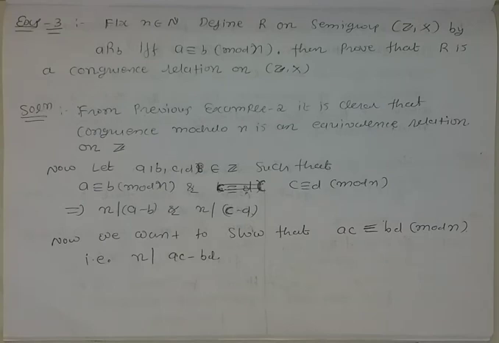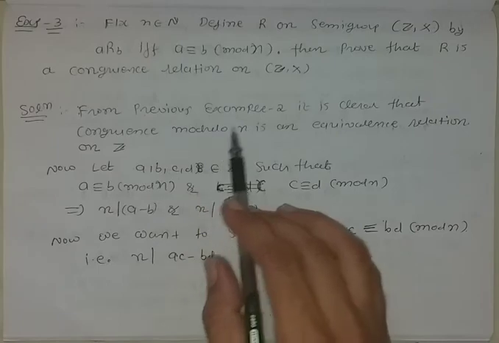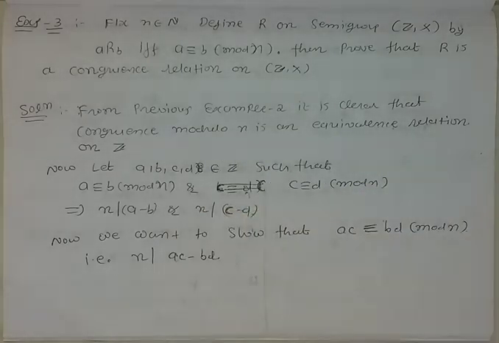Okay, so first of all we saw that given relation R is an equivalence relation. From example number 2 we have already discussed that congruence modulo n is an equivalence relation on Z. Now it is enough to show only the second property.